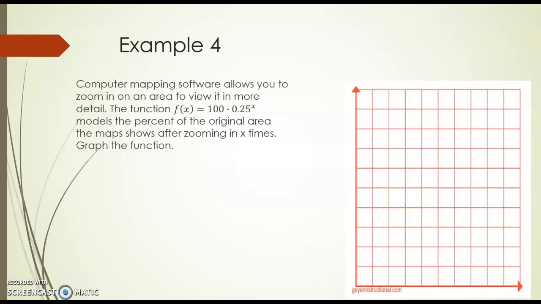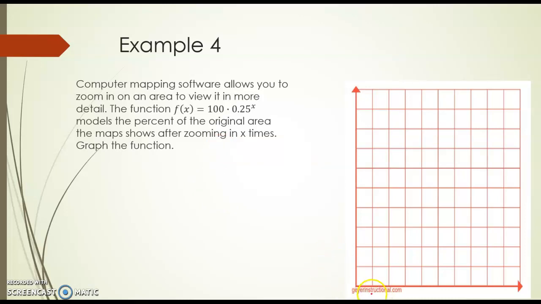All right, example 4. Computer mapping software allows you to zoom in on an area to view it in more detail. The function f of x equals 100 times 0.25 to the x models the percent of the area the map shows after zooming in so many times.